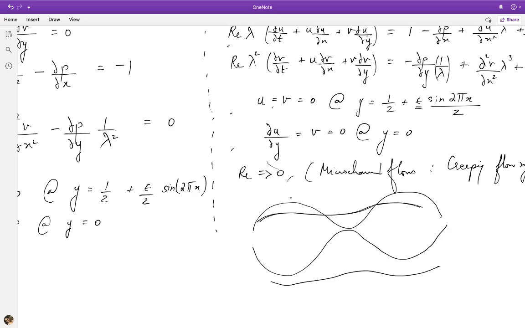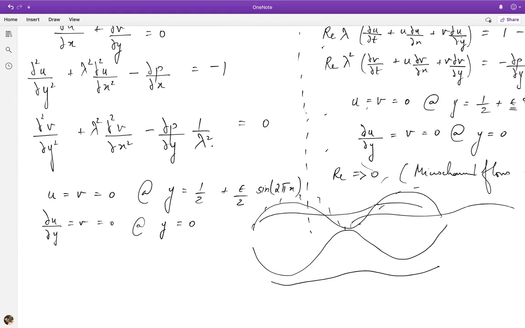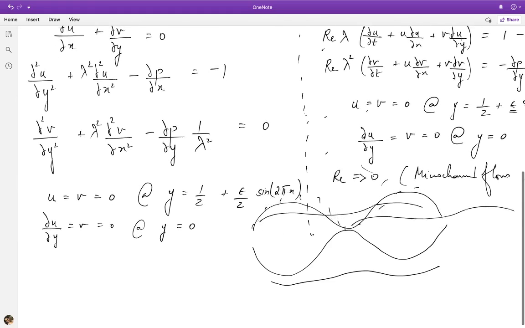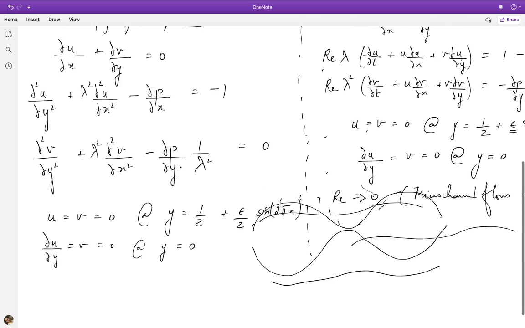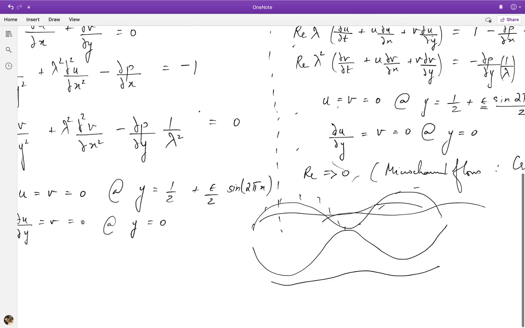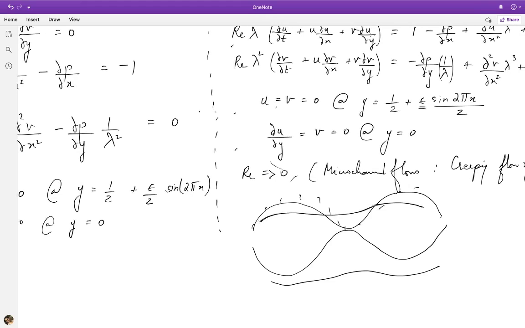And yet both these situations, the very wavy one and the slightly wavy one, are going to be described by the same equations. So in the case of extreme waviness, it's clearly going to be a strongly two-dimensional flow. And so you would expect the equations to have some more complexity than the simple case of flow between flat plates.